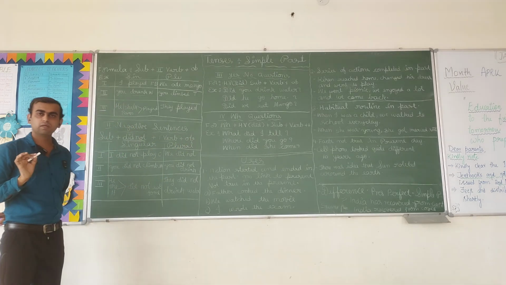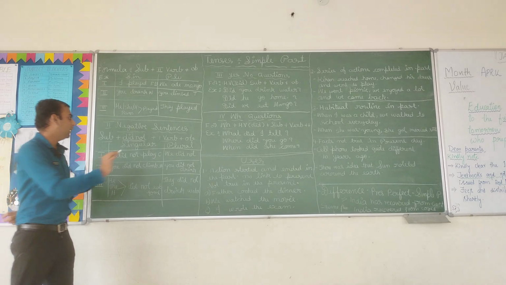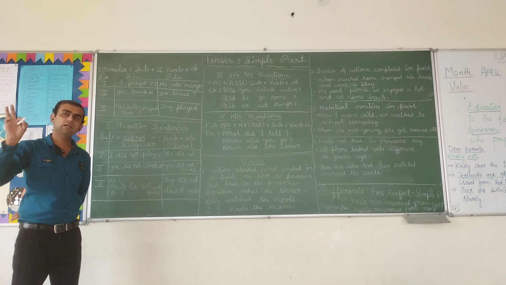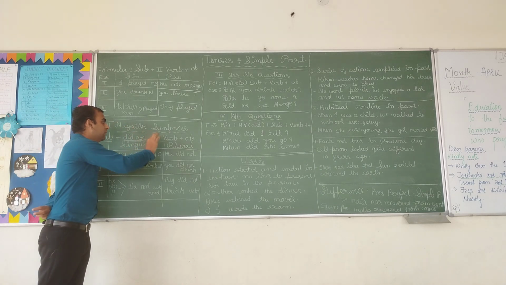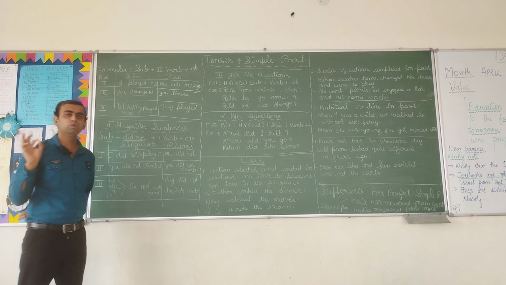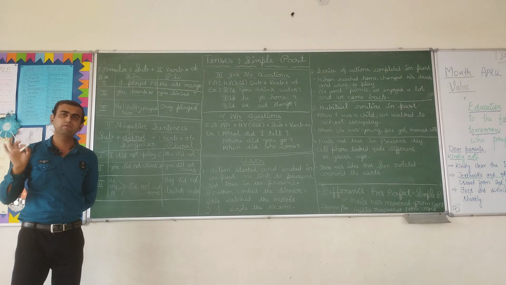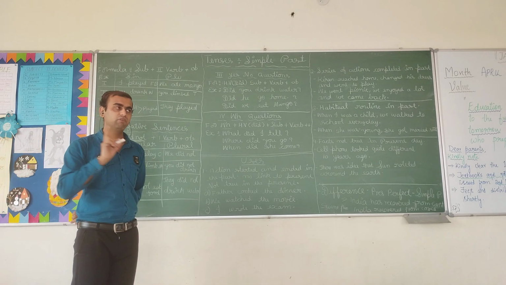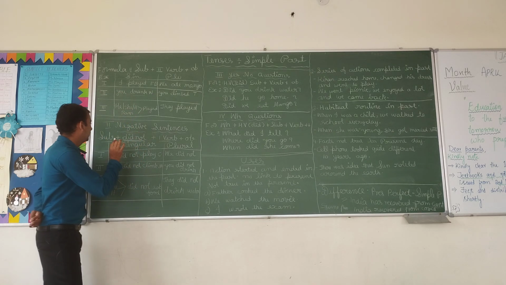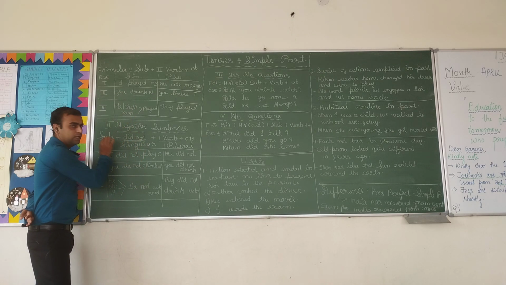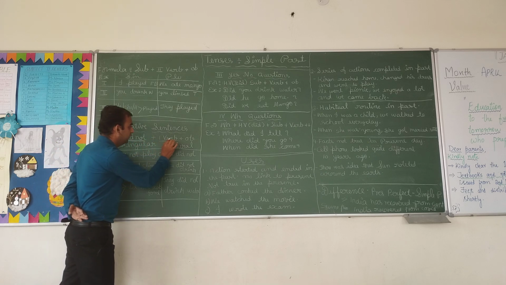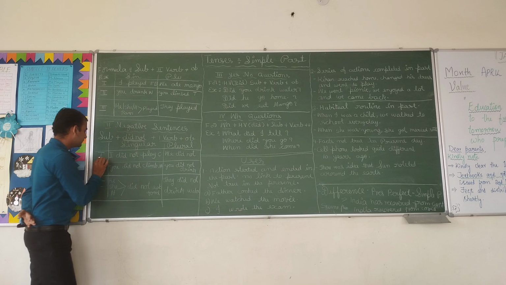Why do we use the first form of a verb here? Because did is already considered as the second form of a verb. That's the reason the main verb we always use as the first form of a verb. If did comes, we have to use the first form of a verb. Once again I repeat the formula: subject did not plus first form of a verb plus object.